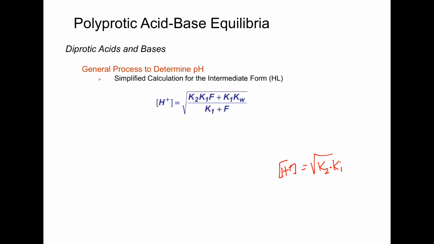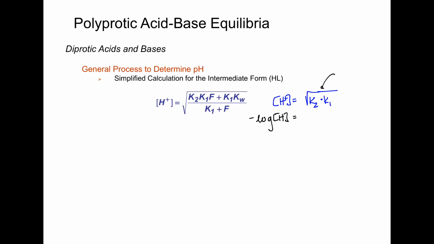Now, if you take that equation, and I'm going to move it up here so I have more room to write, and take the negative log of both sides, the way the math works out for taking the log of a square root, this side would be 1/2 times negative log of K1 minus log of K2.